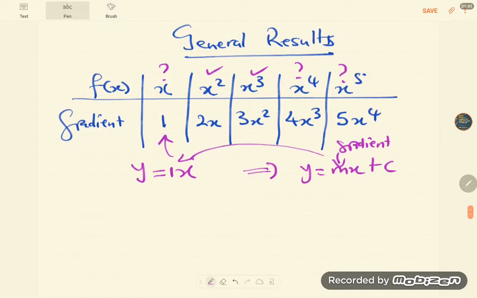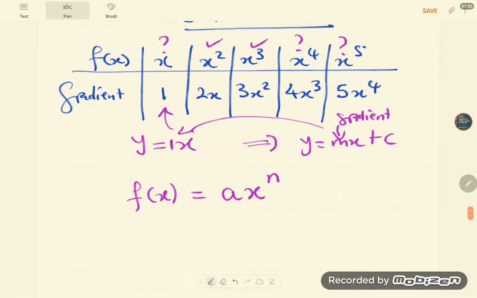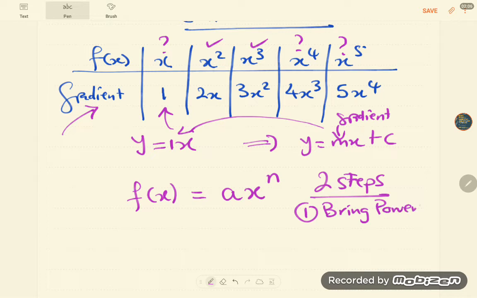In general, I'm just going to try and generalize here, so please bear with me. If you are given your f of x, there are two steps that you can take that will allow you to get the gradient function. The first one is bring the power down.